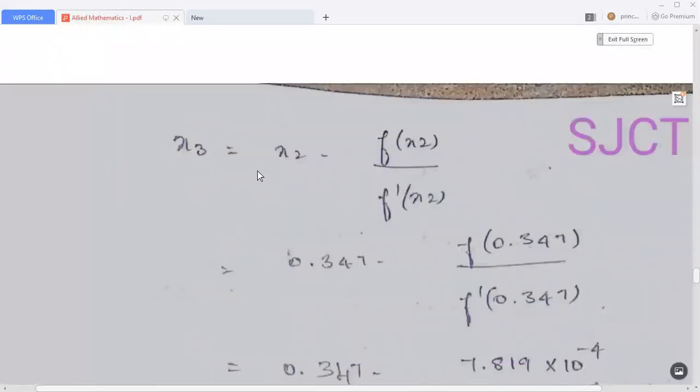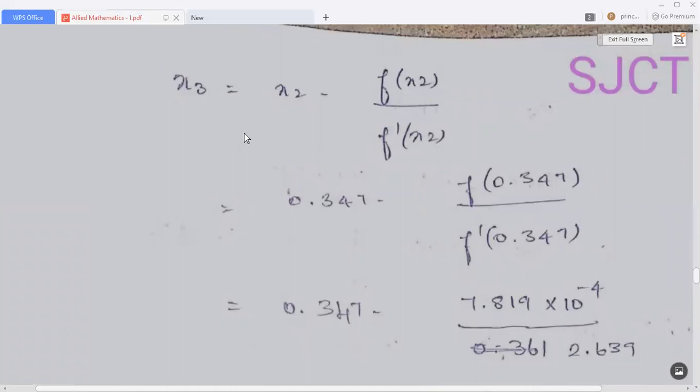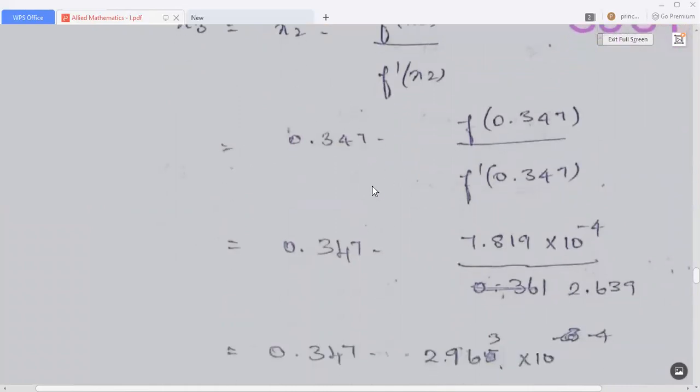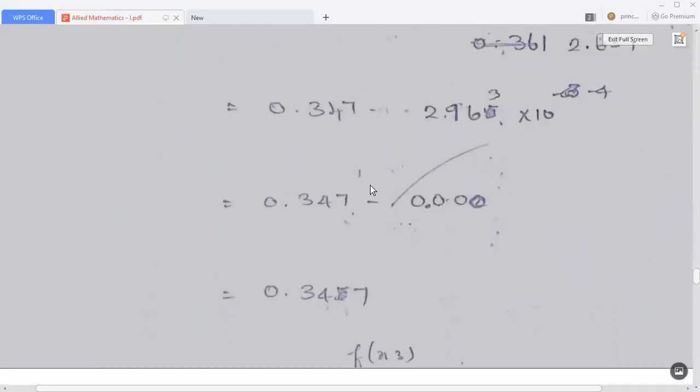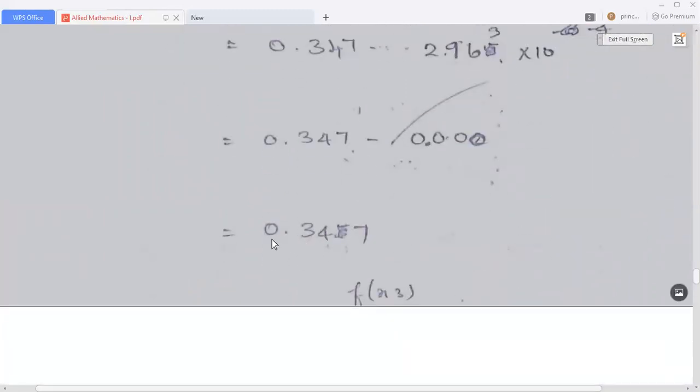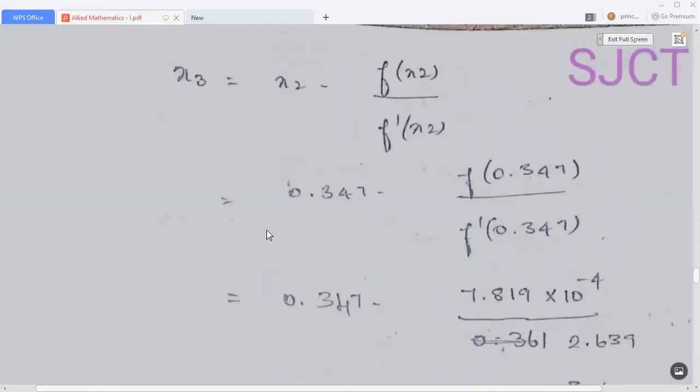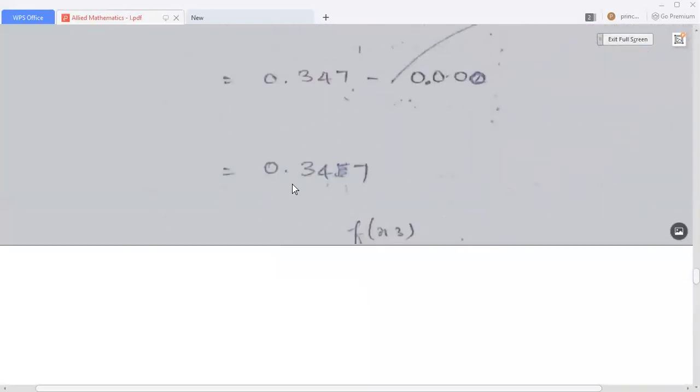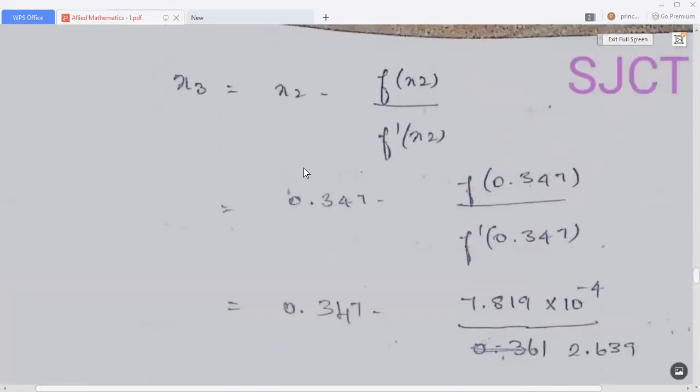Similarly, we calculate the x3 value. To find the x3 value we need the x2 value. That value is to be substituted here. When we calculate this we get the x3 value, 0.347.